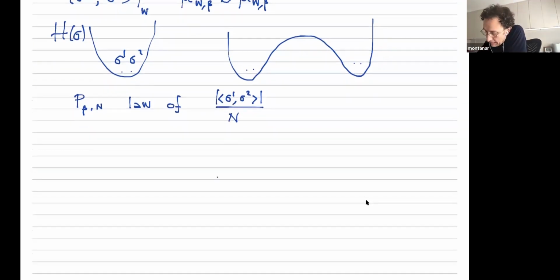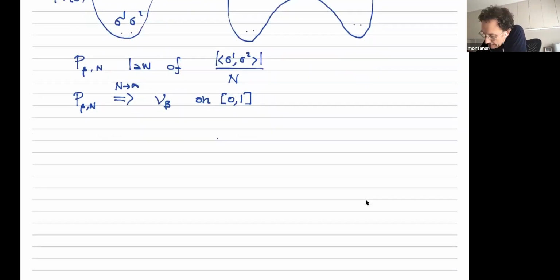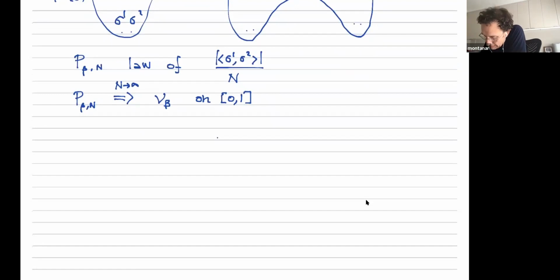And then you take the limit as n goes to infinity of this. This converges to some measure on 0, 1. And what is my gamma star now?